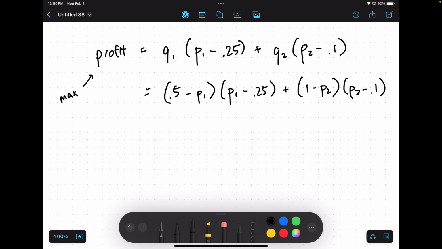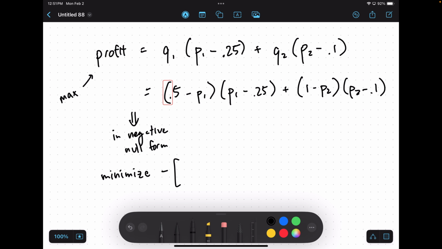And then in standard form, we are going to minimize the negative of this whole thing.